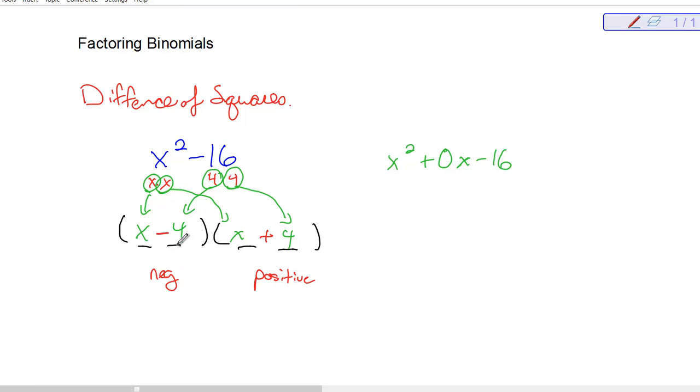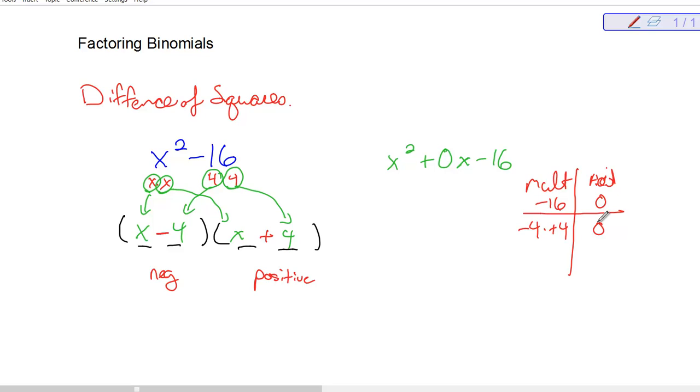But notice that if I were to come over to this side over here and think about numbers that multiply to give me a negative 16, that add to give me 0, what we're looking at is a negative 4 and a positive 4.